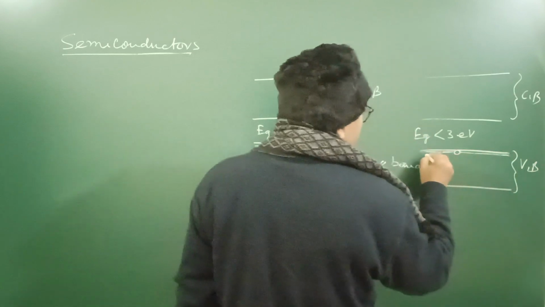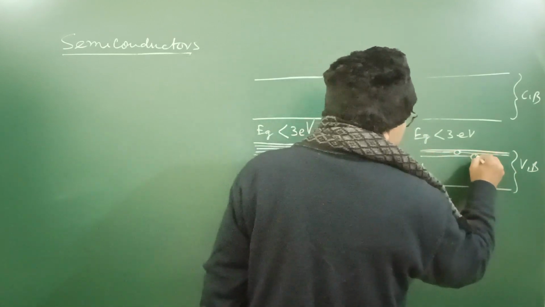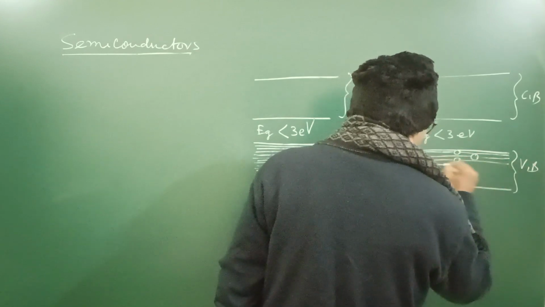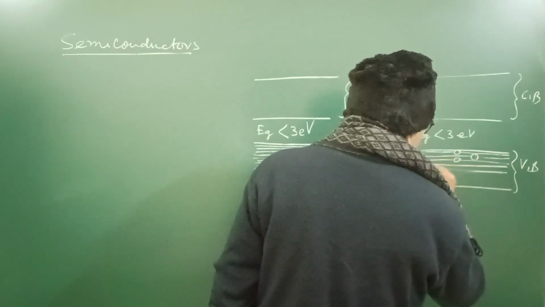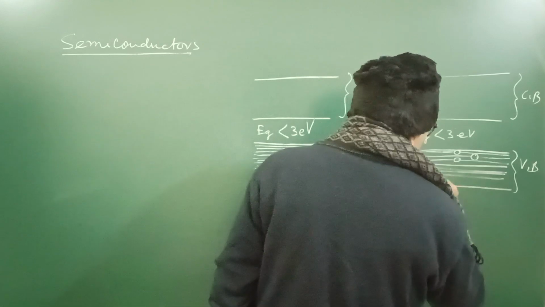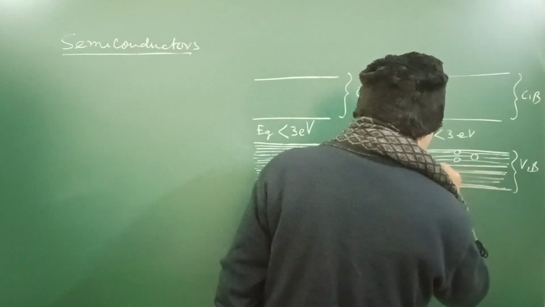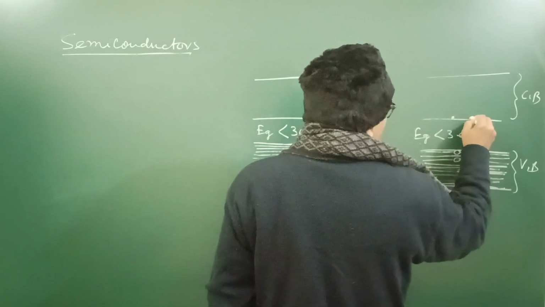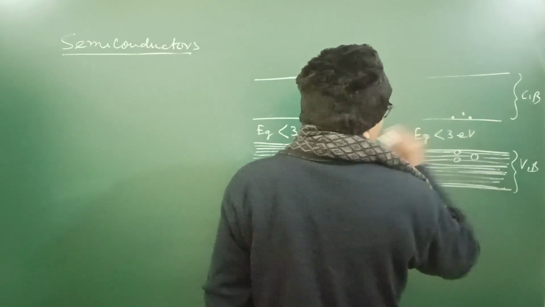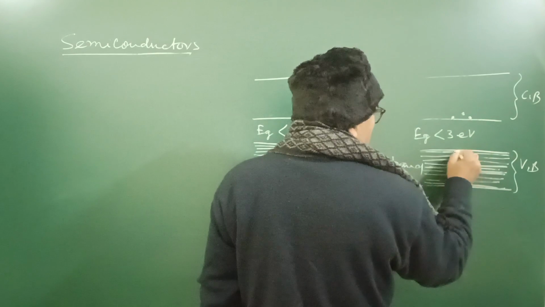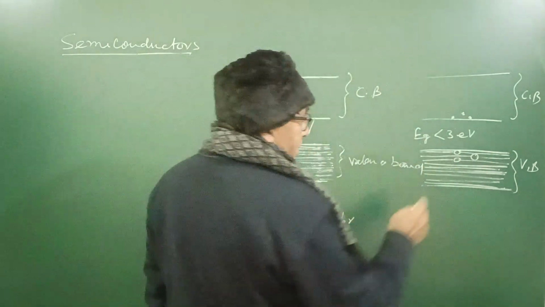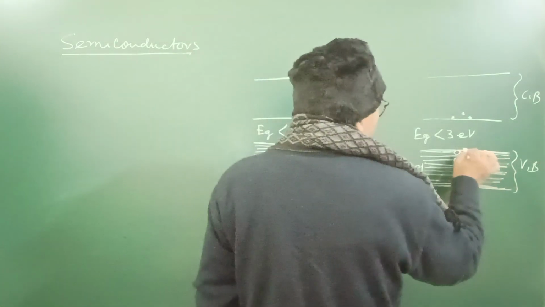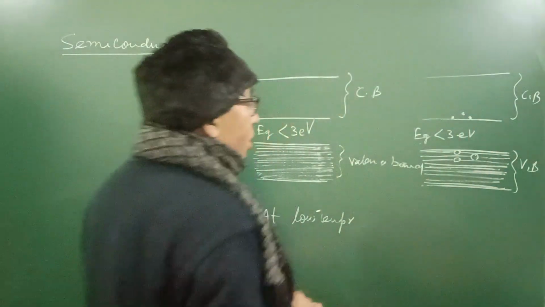Now I create a circle, meaning hollow: the electron is not present in this level, and corresponding to this there are dots here. At room temperature, some electrons jump from the valence band to the conduction band.